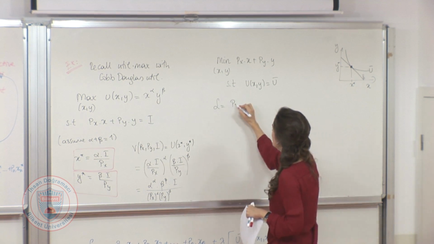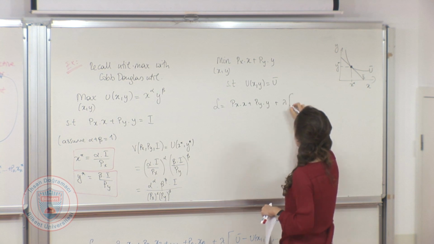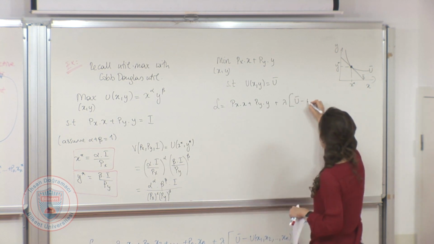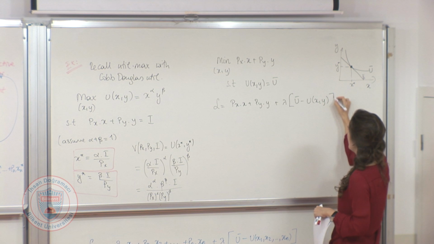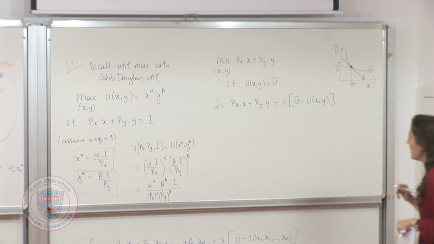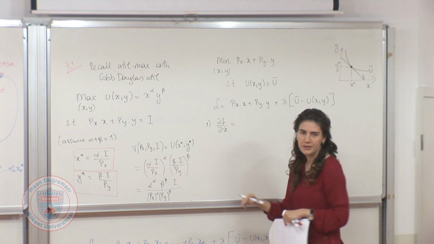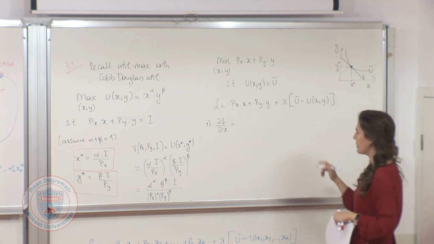My Lagrangian is px times x plus py times y, plus lambda times (u bar minus u of x, y). Now let me write down the conditions. First, I take the partial derivative with respect to x.